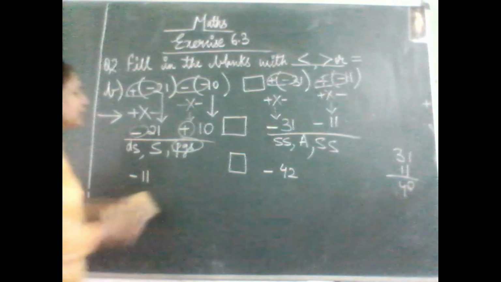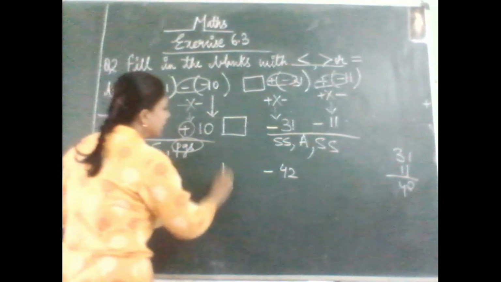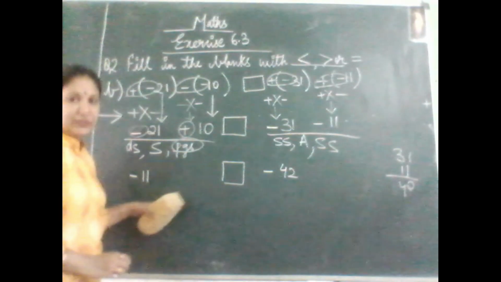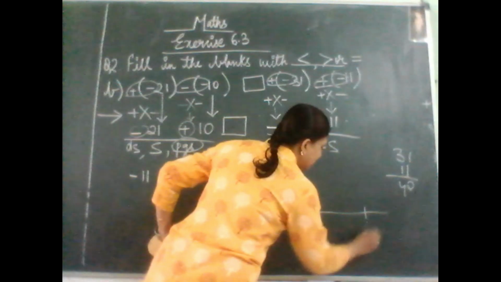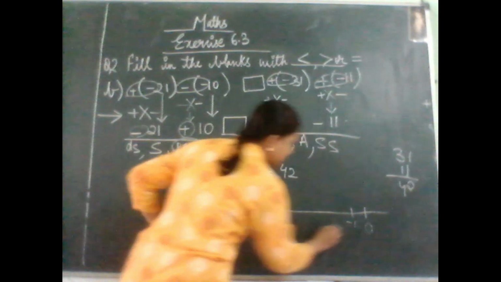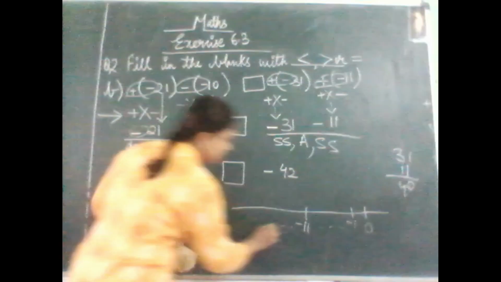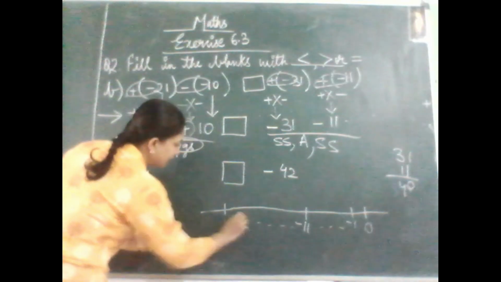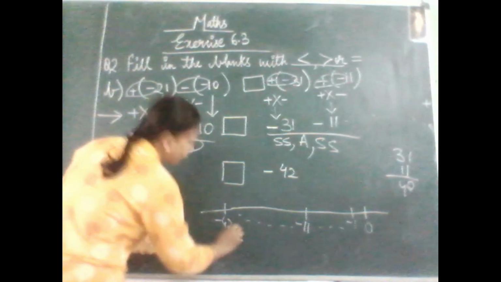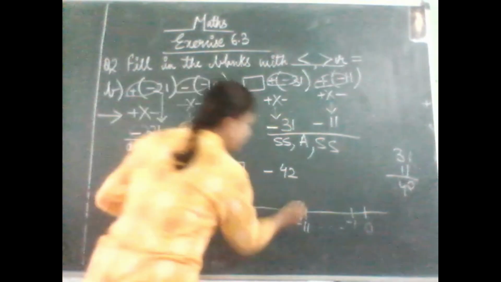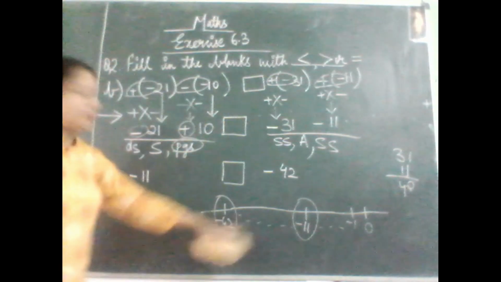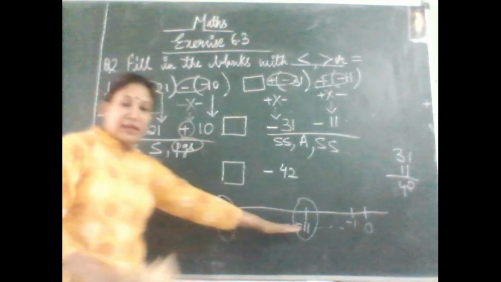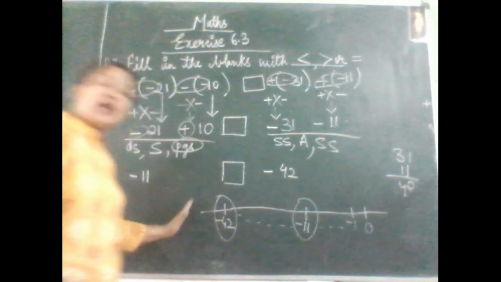Is minus 11 greater or is minus 42 greater? If you have confusion, let us draw a number line. Suppose here you have 0, here minus 1, here somewhere minus 11. Then as you move ahead, somewhere you will get minus 42. Now see, minus 11 is here, and minus 42 is somewhere away from it towards the left hand side.